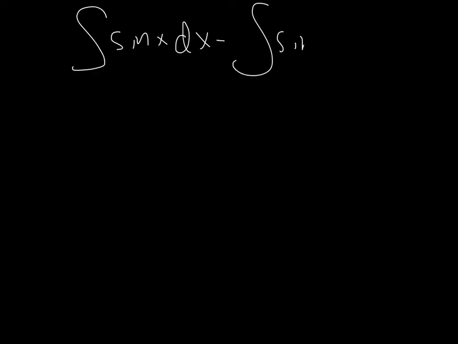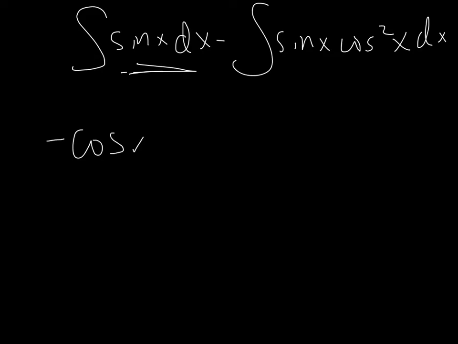Okay, so right now we have the integral of sine x dx minus the integral of sine x cosine squared x dx. So this one's easy. Integral of sine is negative cosine, right?